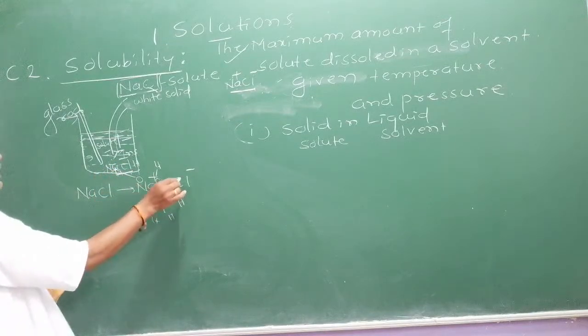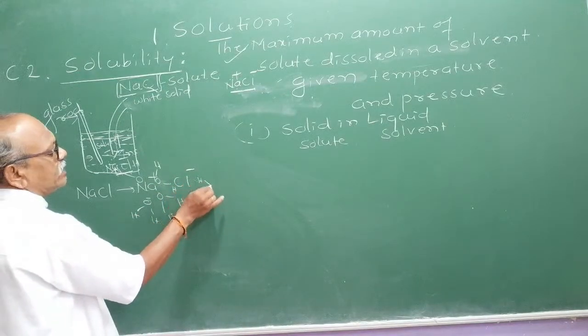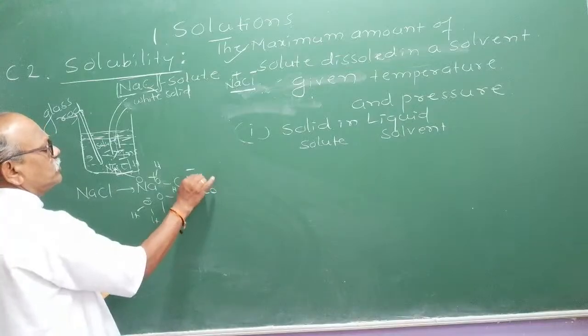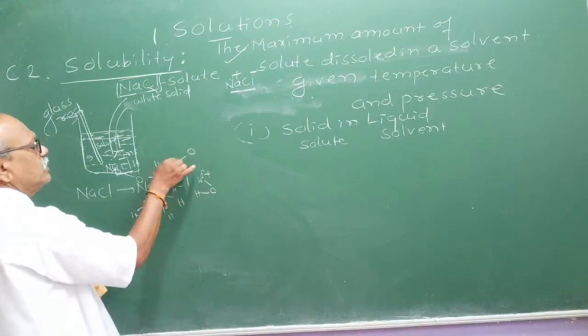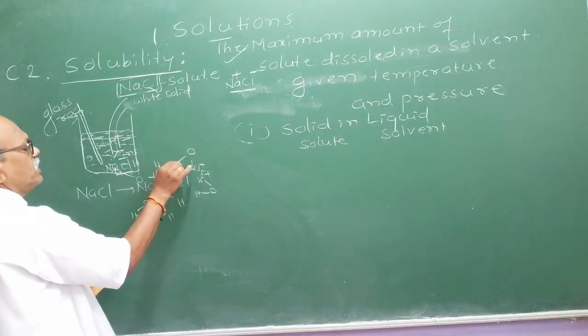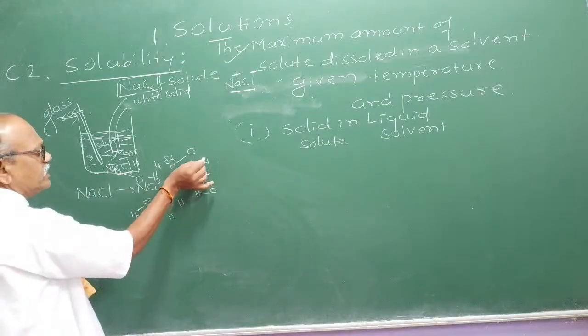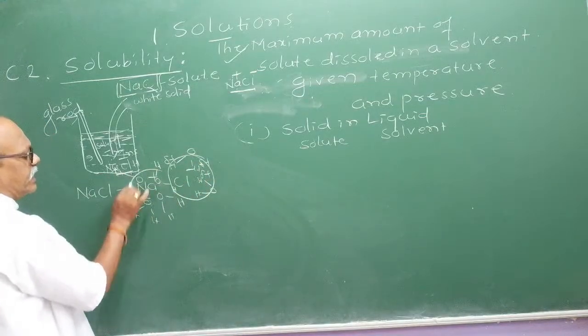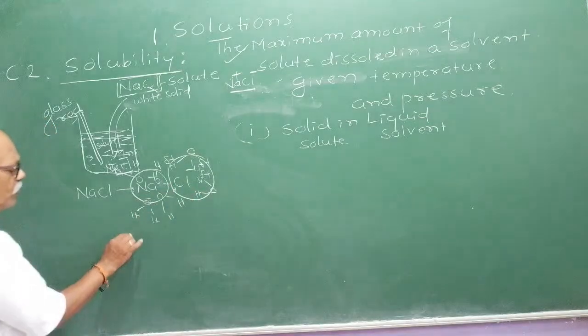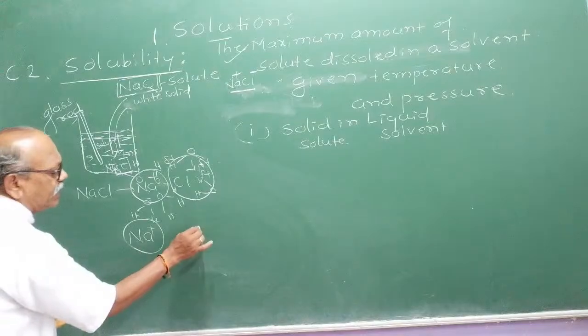Clear? And a large number of water molecules with their hydrogen end, which has partial positive charge, will surround the Cl- ion. Thus the Cl- ions and Na+ ions are isolated.